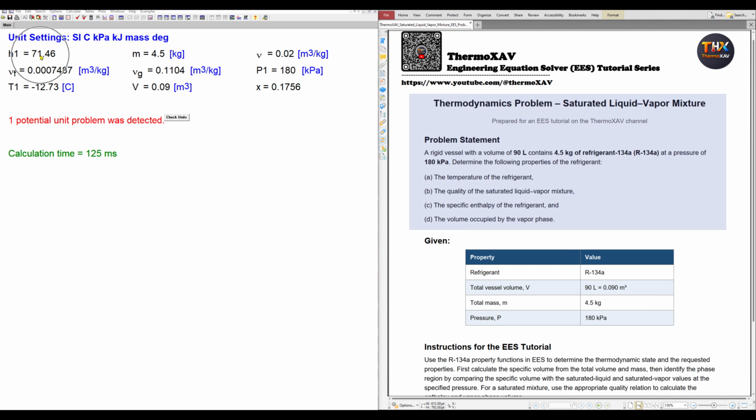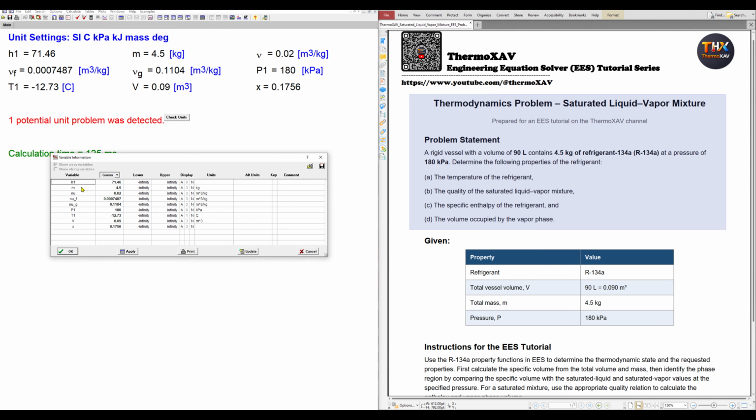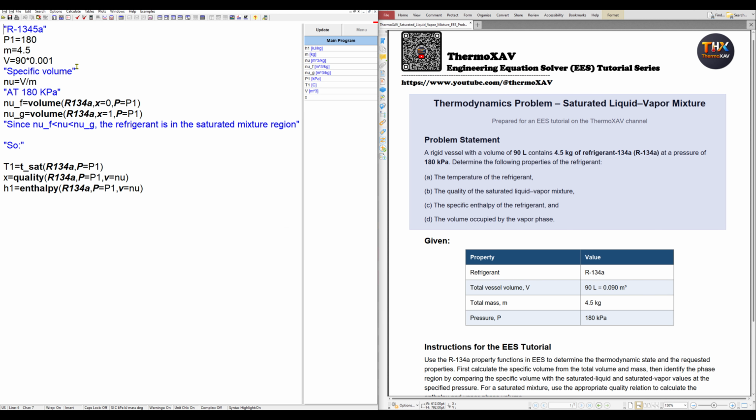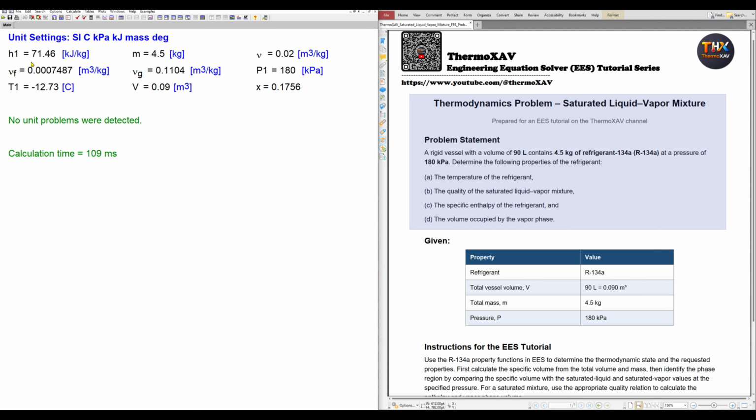I can also determine the unit here. I will go to this H1, right click, select kilojoule per kilogram, paste, and then press OK. If I solve one more time, the unit is also given here.